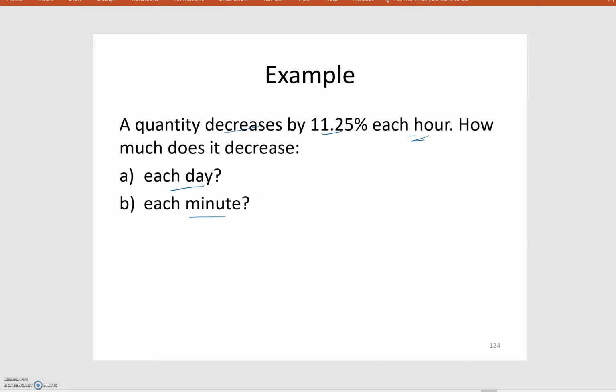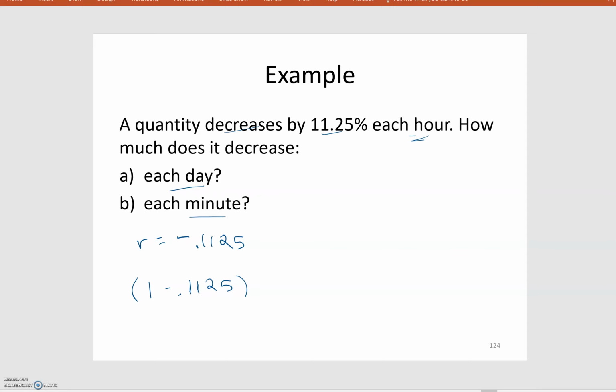So our r value would be negative 0.1125. That's our growth rate. I need this because I need the factor. The factor is important because that's what we actually use to transform into different units.